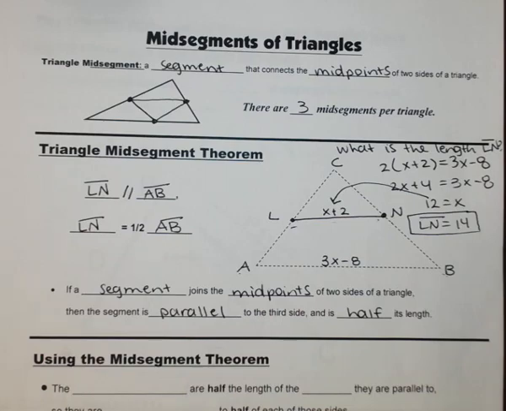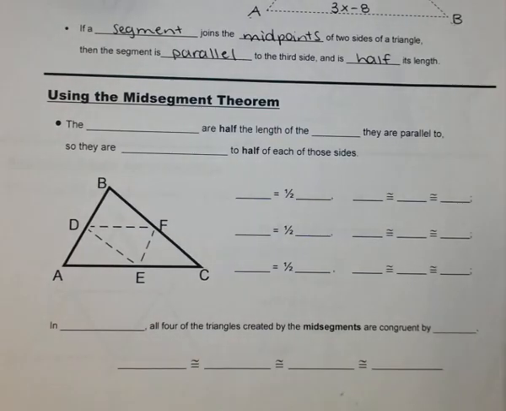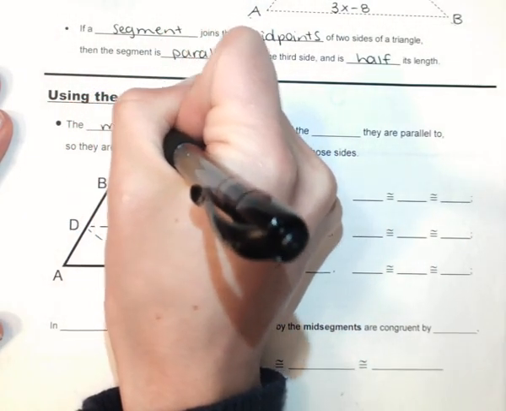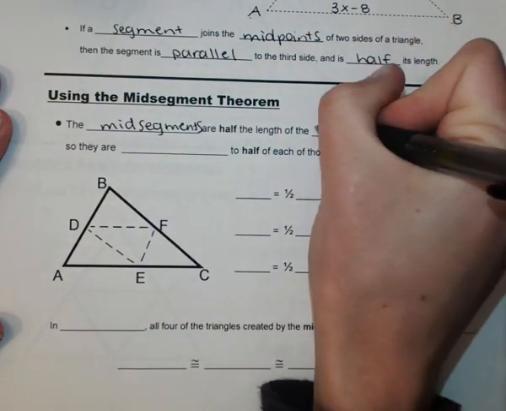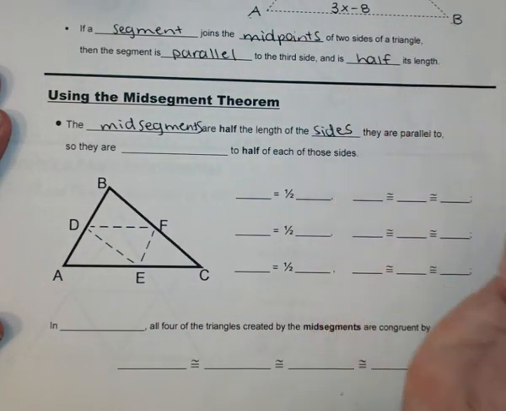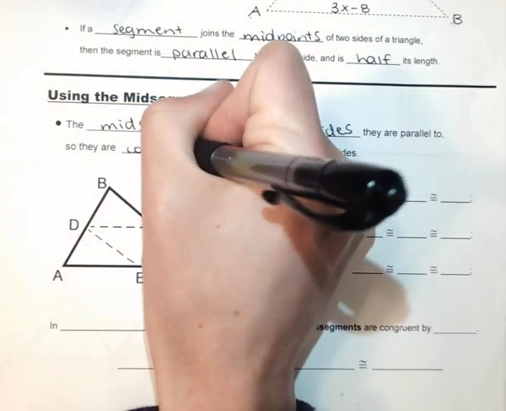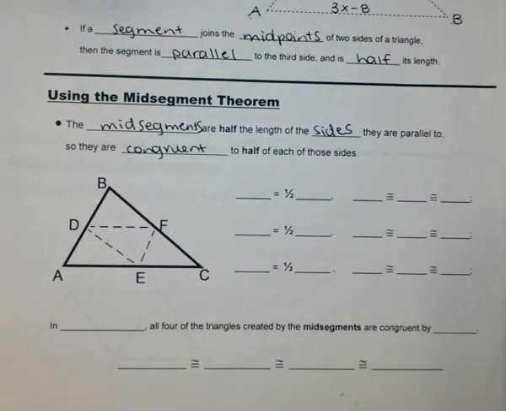The next theorem with midsegments is that the midsegments are half the lengths of the sides they are parallel to. So they are congruent to half of each of those sides. Again, this is similar to what we just talked about.